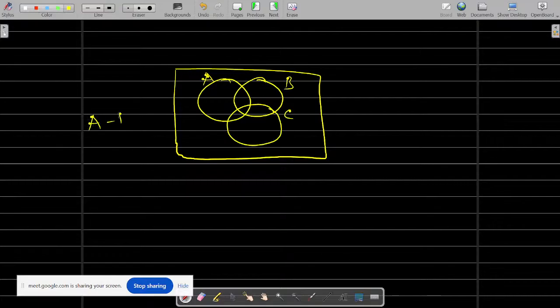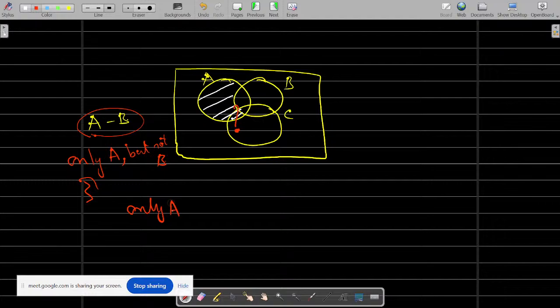If I go for A minus B, can you please help me out? What is A minus B? This one, right? So usually a doubt arises whether I have to cover this component or not. When we say A minus B, we are talking about only A, but not B. There is no role for C here at all. If we say only A, then your figure will be different.